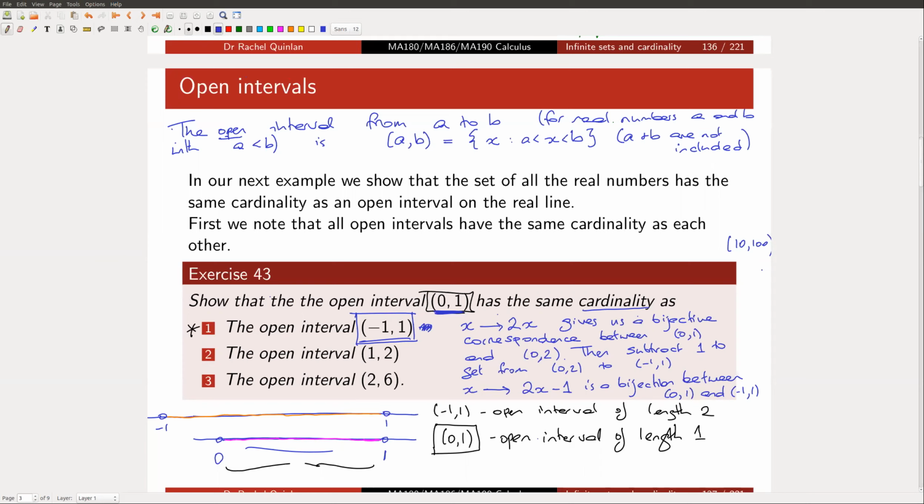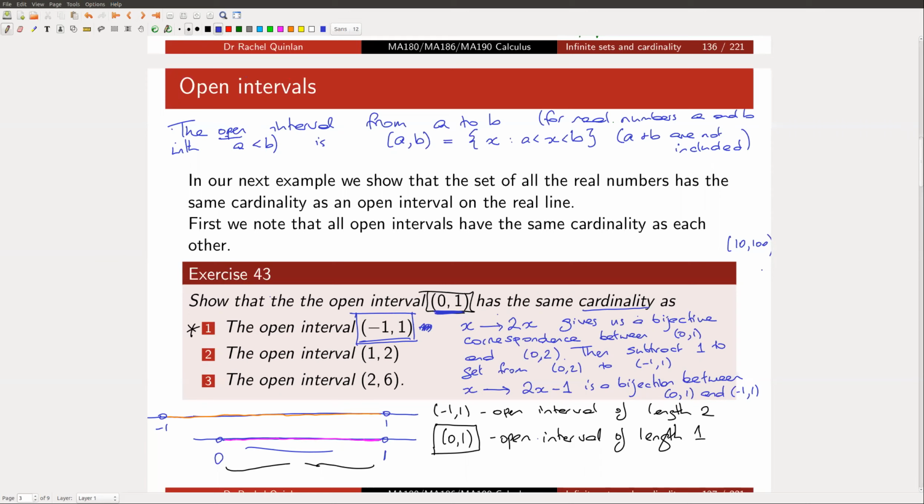So what this tells us is that all bounded open intervals have the same cardinality as each other. By this idea of scaling plus translation, we can establish a bijective correspondence between any open interval of finite length and any other one. So that's news maybe, or maybe it's not news, maybe you already knew that, but in any case, it's something that's notable about open intervals.